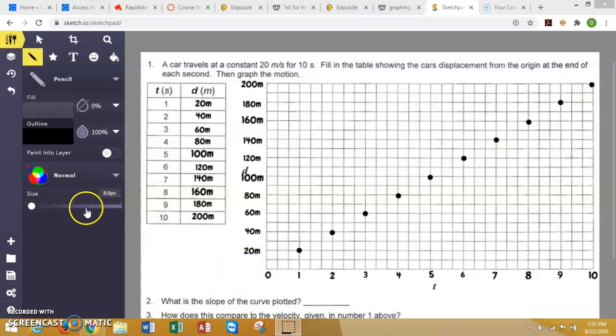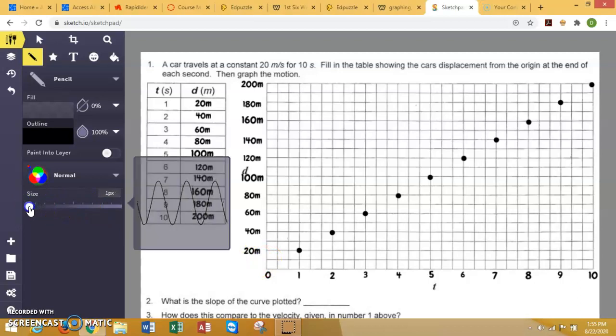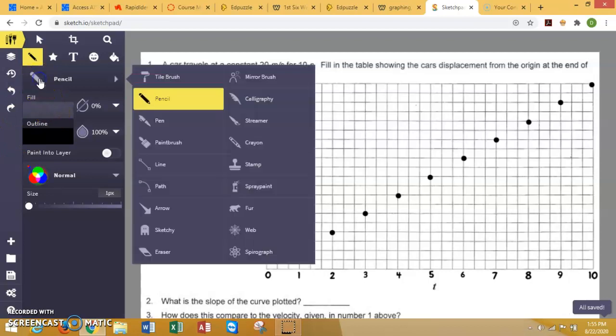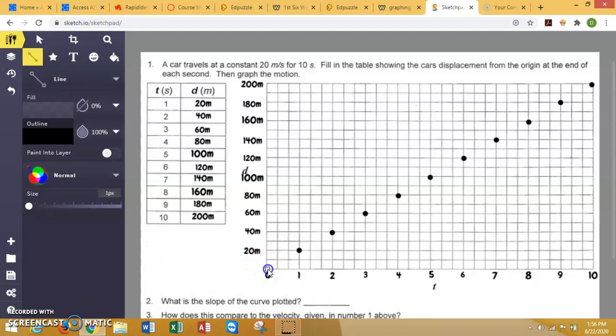Let me show you what we don't do. We do not connect dots. So we don't do this. We're not doing that. We don't connect dots. That's what they do in like junior high or something. We're not going to connect dots like this. And you see how I'm not perfect, so my line isn't even completely straight.